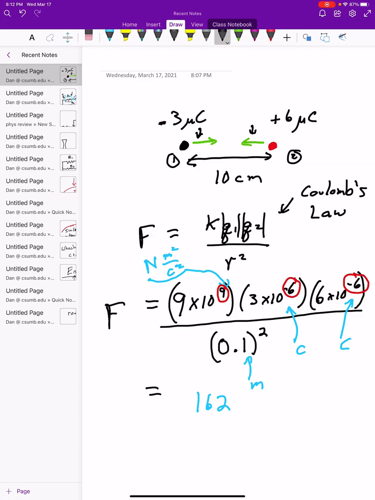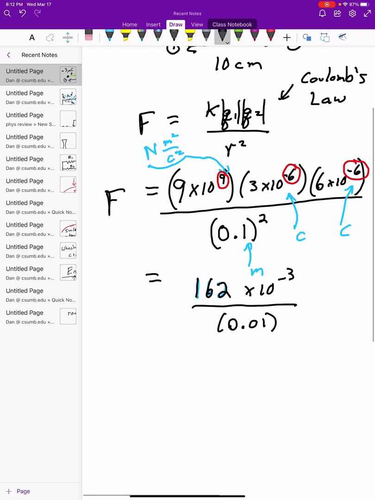I'm going to write my answer in black, so this is going to be 162 times 10 to the minus 3rd divided by 0.1 squared, which is 0.01. And so what that's going to do is make that 2 bigger in the exponent there. So it's going to be 162 times 10 to the minus 1, and the overall units in the end is going to be newtons.